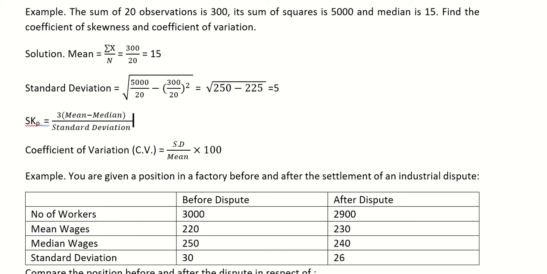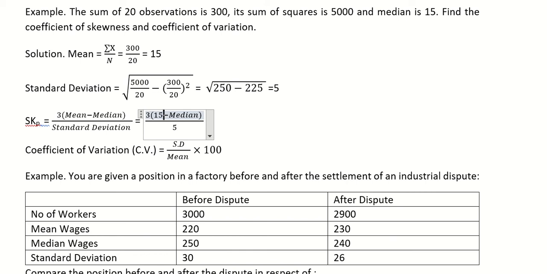So we have calculated mean and standard deviation. Now we can directly put these values into the formula of Karl Pearson's coefficient. So this is the formula we have. Here we are applying median's formula because we are not given mode here. So standard deviation is 5. Mean is 15. We have calculated here.